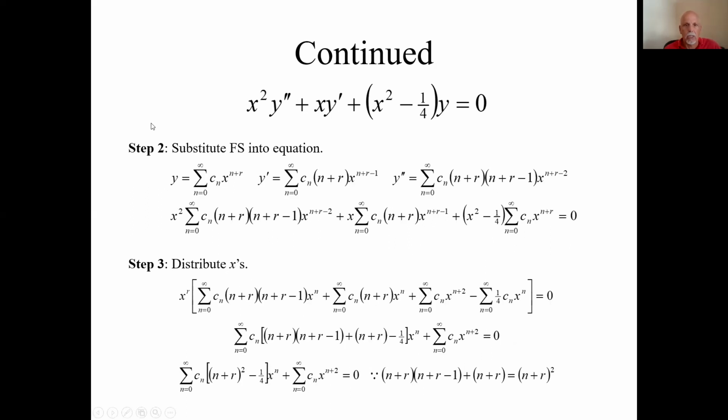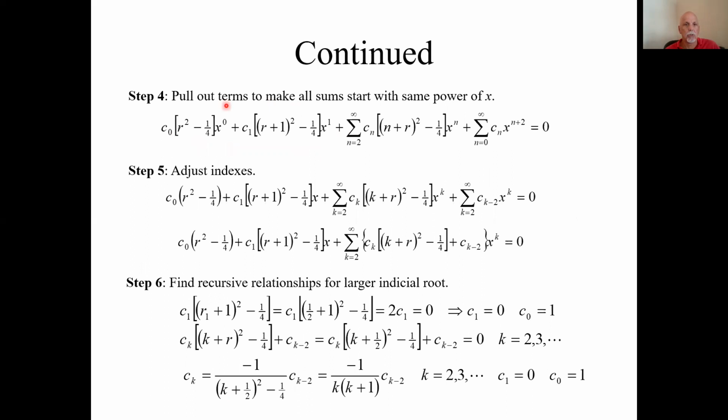Before I get there, let's look at what powers they start with. This sum starts at x to the 0. This sum starts at x squared. So we want to pull out the first 2 terms of this sum, which will be C0 times r squared minus a 4th, x to the 0, and for n equals 1, C sub 1 times r plus 1 squared minus a 4th, x to the 1.